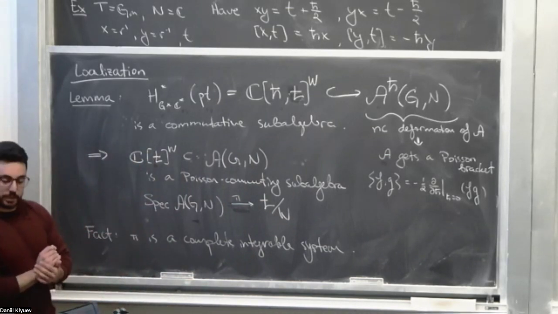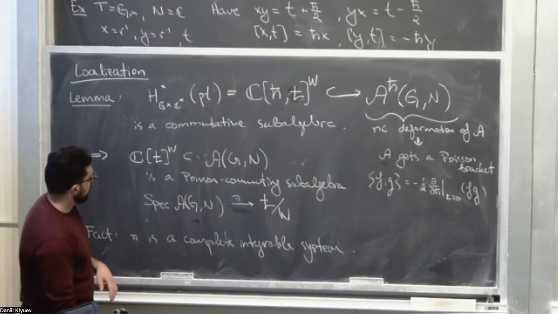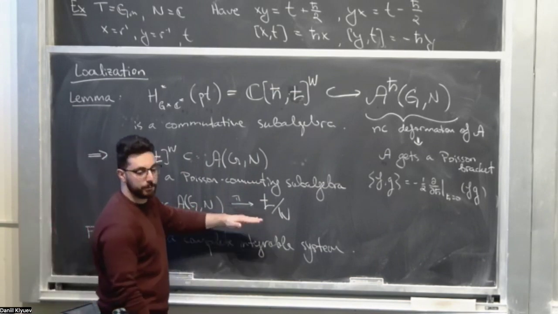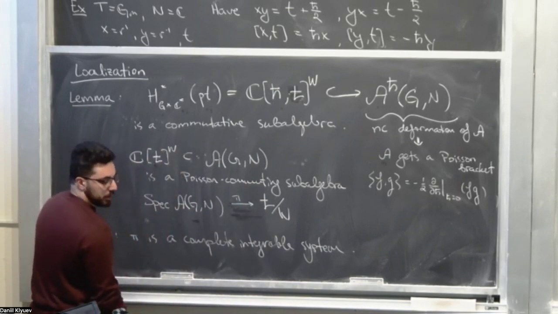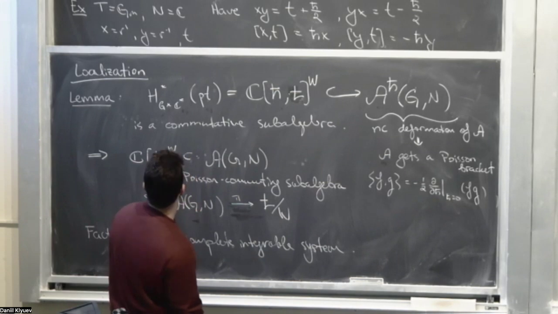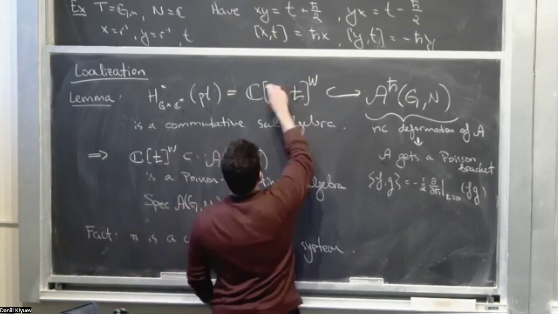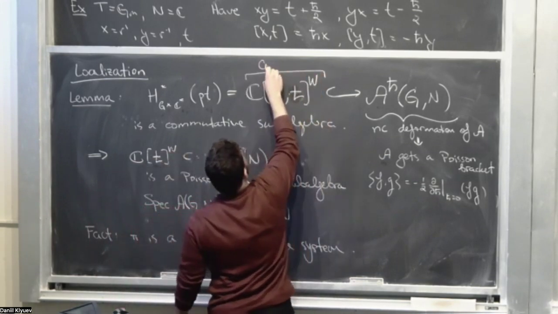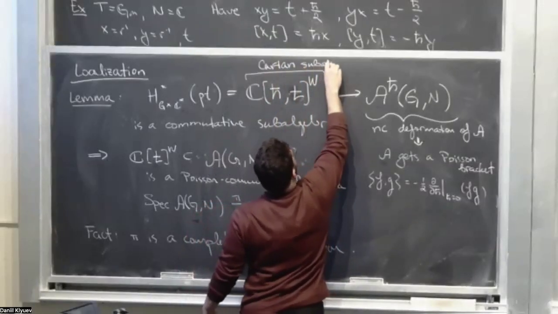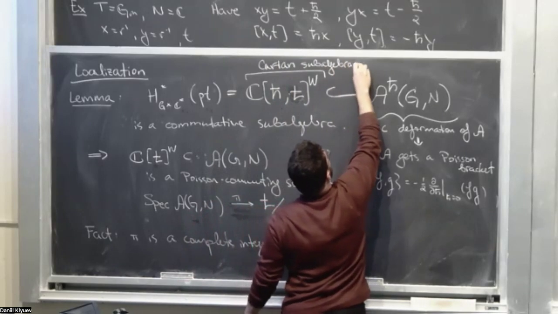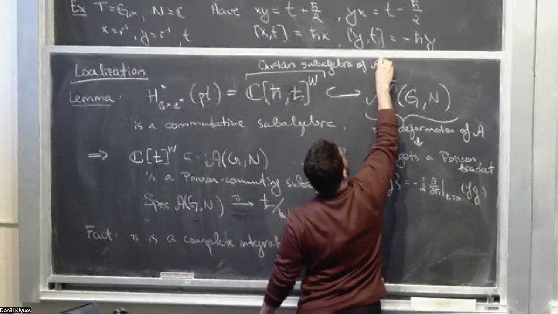The non-singular fibers. The important thing is to have this map pi for now. And I guess they call this thing the Cartan subalgebra of the H-bar.